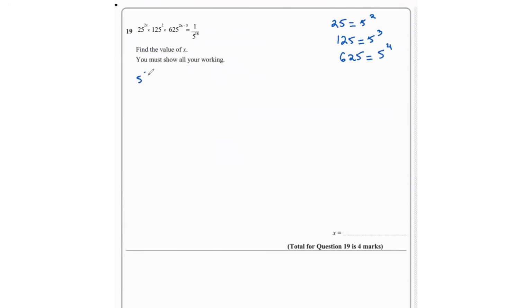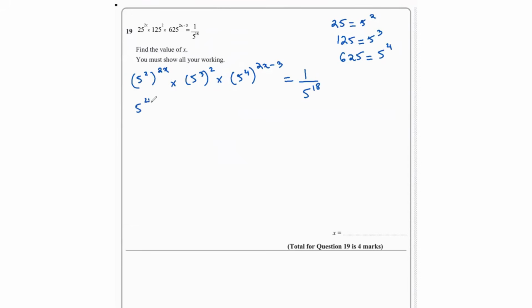So (5 squared) to the power of 2x times (5 cubed) to the power of 2 times (5 to the power of 4) to the power of 2x minus 3 equals 1 over 5 to the power of 18. Whenever there's a power inside the bracket and outside the bracket, we multiply the powers.